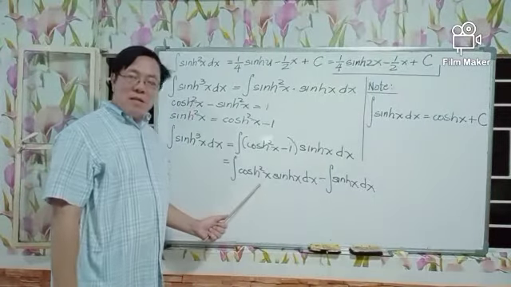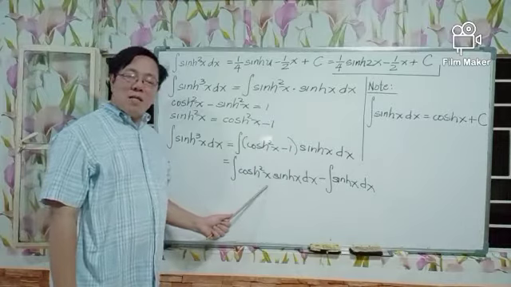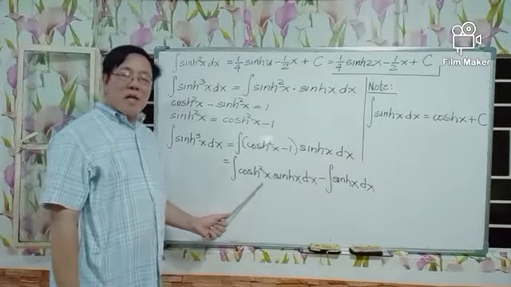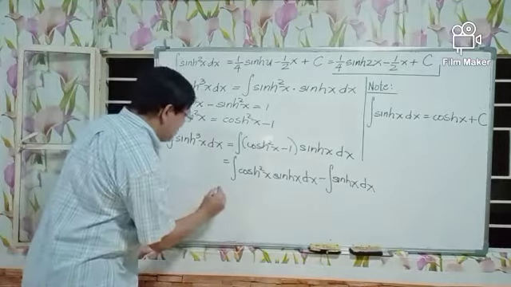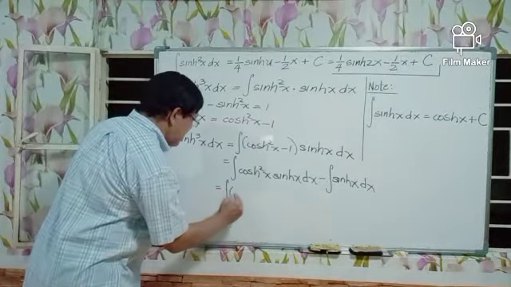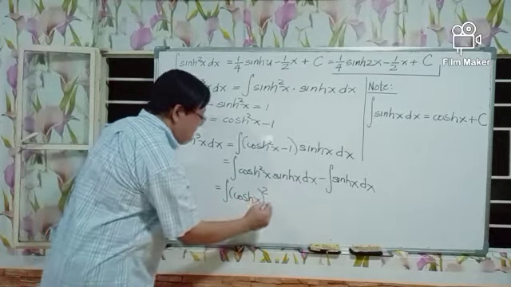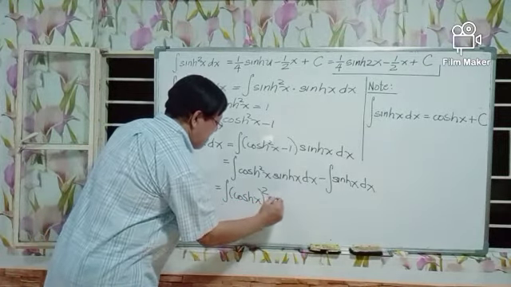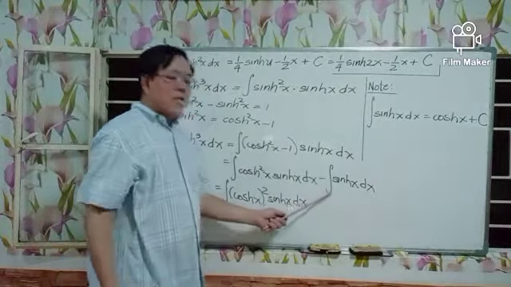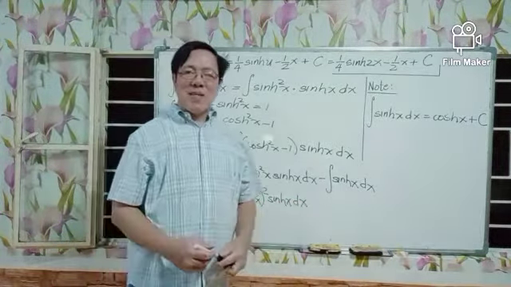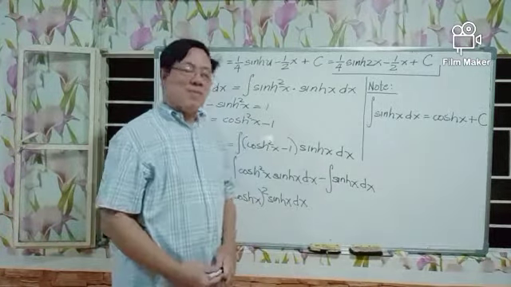First we rewrite this hyperbolic cosine squared of x as quantity hyperbolic cosine of x squared. The integral of hyperbolic sine of x with respect to x is hyperbolic cosine of x.